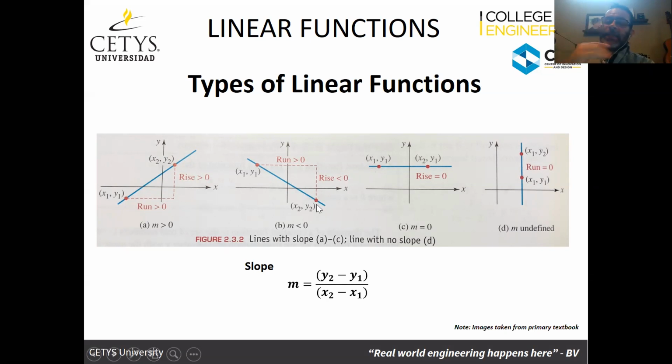So we see that the inclination is towards the other side, going from positive to negative. In the case of the slope being zero, the slope being zero means a completely horizontal line. And if the slope is undefined, it means it's a straight vertical line. Okay, so those are going to be the characteristics of the slope of a function.